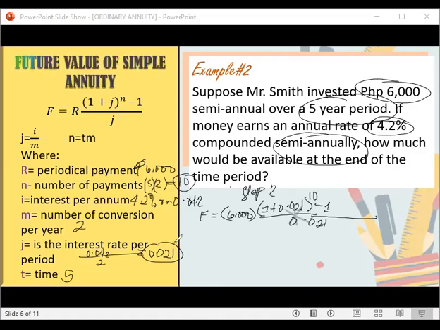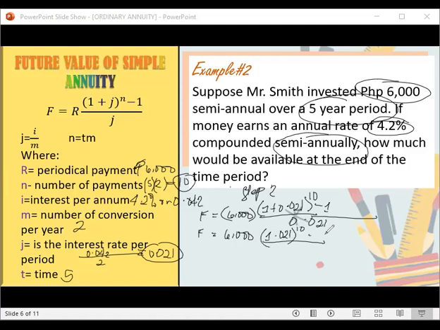You can enter it directly in the calculator or you can also solve manually. So, 6,000. So, again, GEMDAS. So, 1 plus 0.021. Of course, we do first what is inside the parenthesis. The answer is 1.021.